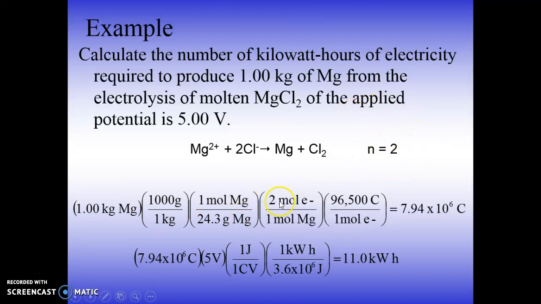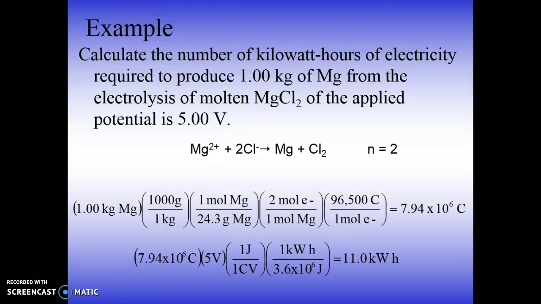And since there's 2 electrons per mole of magnesium, we can get into moles of electrons, and then we can ultimately get into coulombs. And then from coulombs, we can get into kilowatt hours this way. So again, all of this is derived from all of those equivalents that we had previously taken a look at.